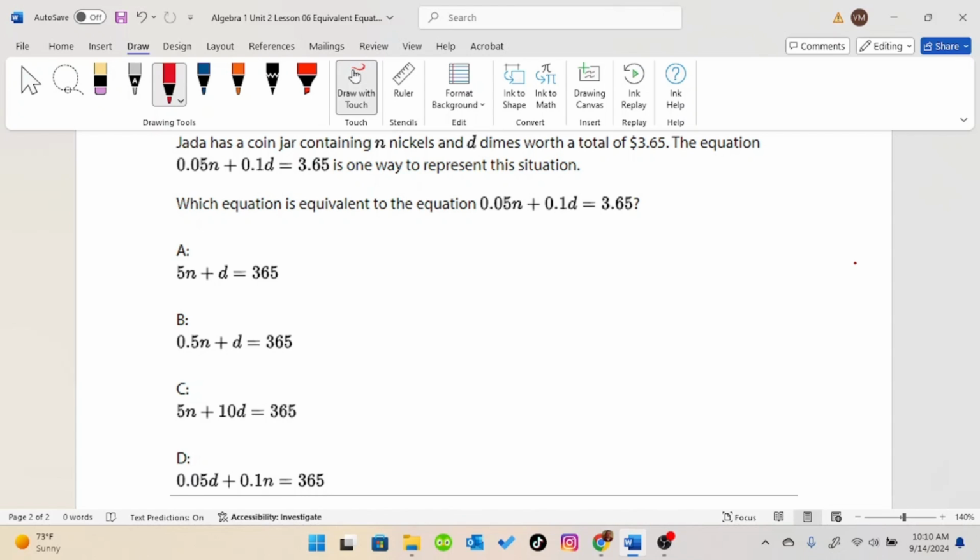So this time we're looking for one correct answer, so we will check each one until we find the correct one. When we look at choice A, to go from 0.05n to 5n, they multiplied by 100.